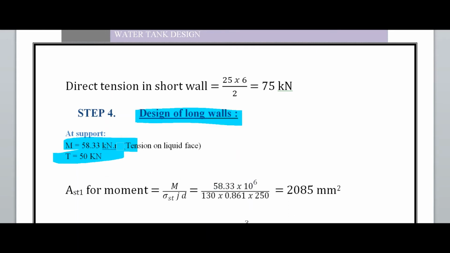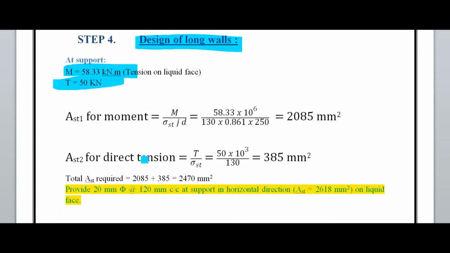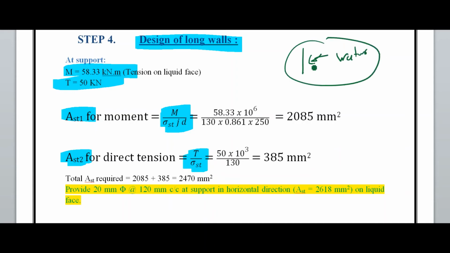Design of the long wall. Here you can see AST1 equals M divided by sigma st j into d, plus AST2 equals T divided by sigma st. Why? Because we assume water pressure, and when we assume water pressure, tension is generated. So we have AST2 for the tension.